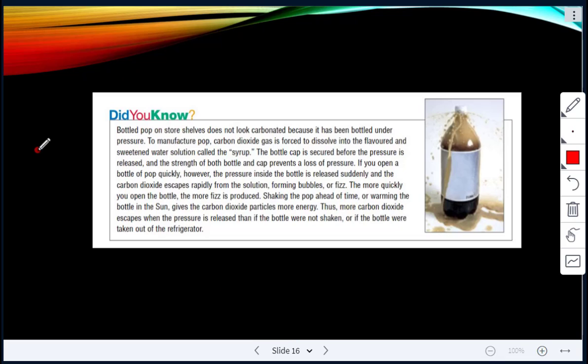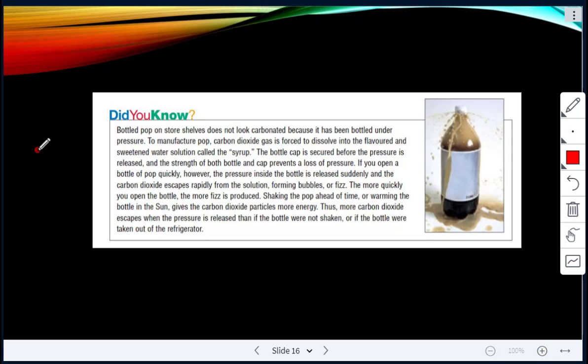Just a did you know fact: bottled pop on store shelves does not look carbonated because it has been bottled under pressure. When pop is manufactured, carbon dioxide gas is forced to dissolve into the solution, the syrup. Then the bottle cap is secured before that pressure is released. The strength of both the bottle and the cap prevents the loss of pressure.